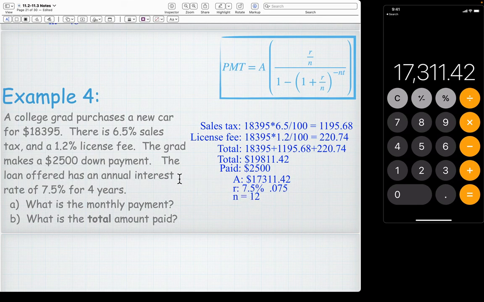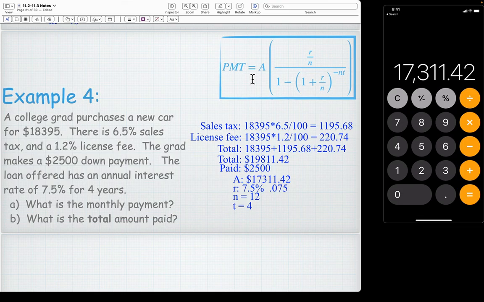And the number of years that we're going to pay off our car. Did they specify that somewhere? 4 years. So time is 4. So it took us quite a bit just to even get this problem started. But now let's calculate what our payment is based on this formula.